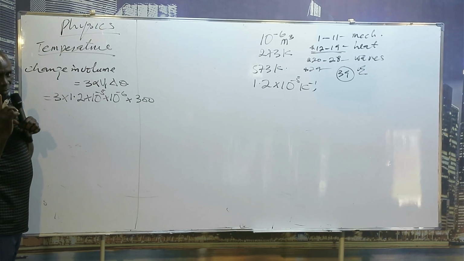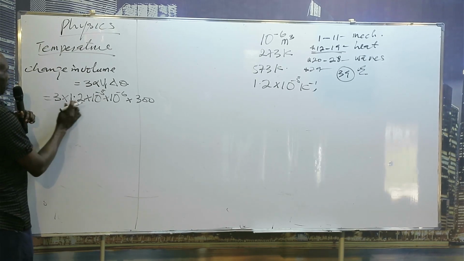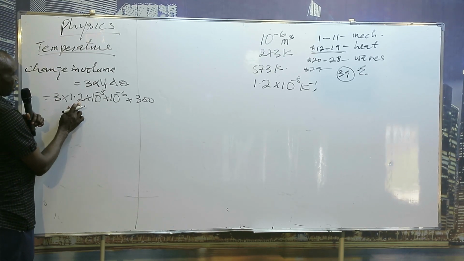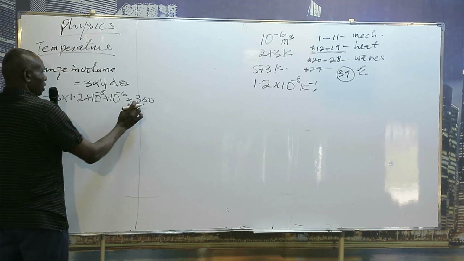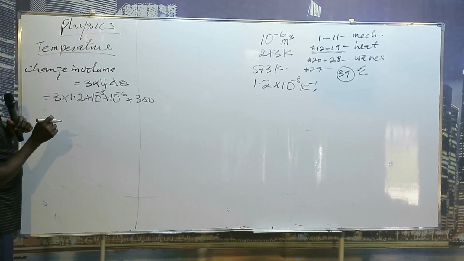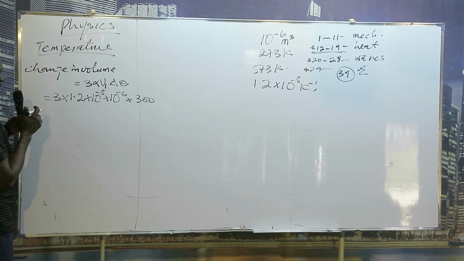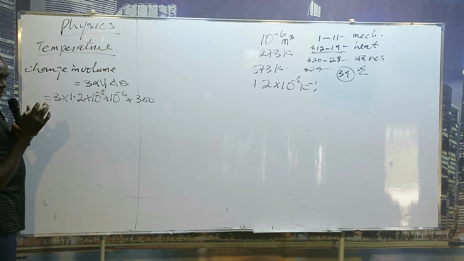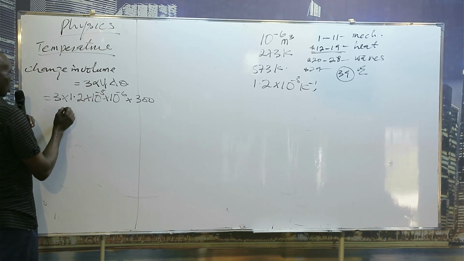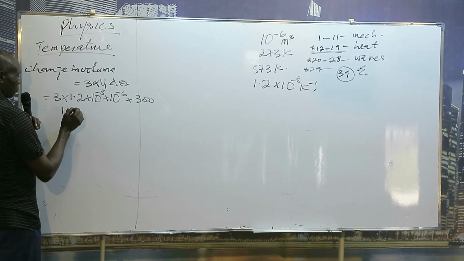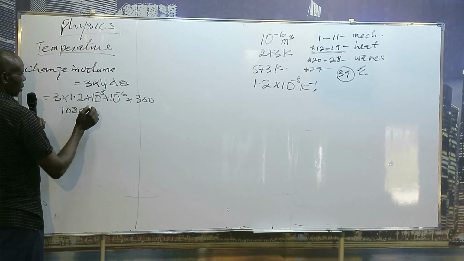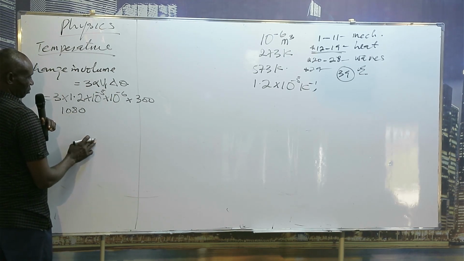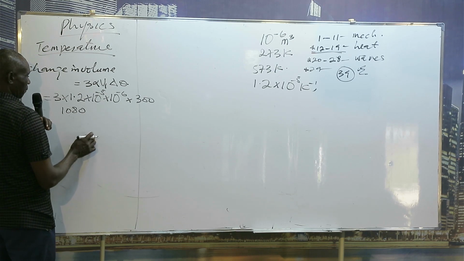Now, I taught you how to work on it. This is 3.6. 3.6 times 300 is 1080.